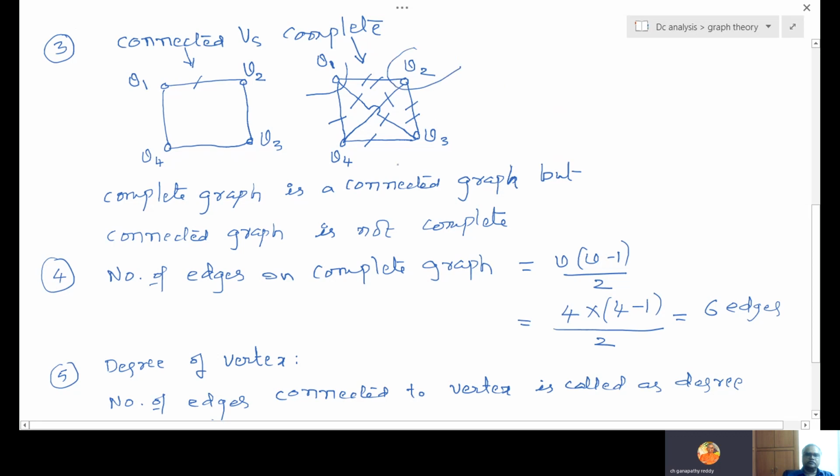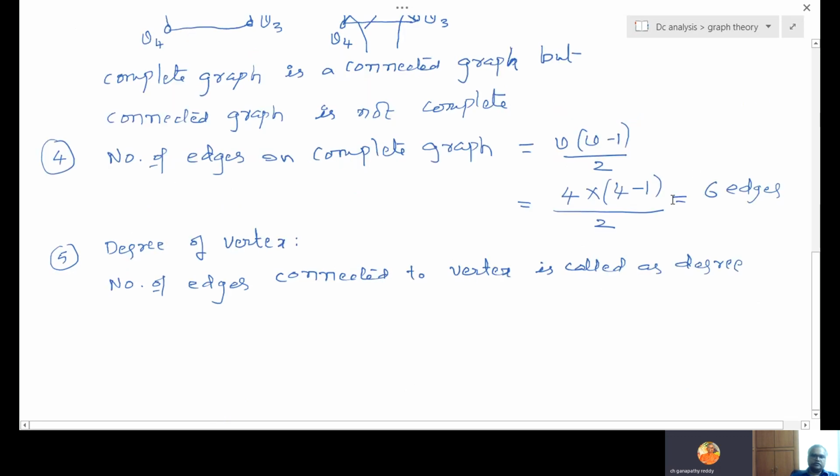Here also 3. Here also 3. So 3 plus 3, 3 plus 3, you get 12. This 12 is nothing but 2 times the total number of edges. So total number of edges is 6, and 2 into 6 is 12.